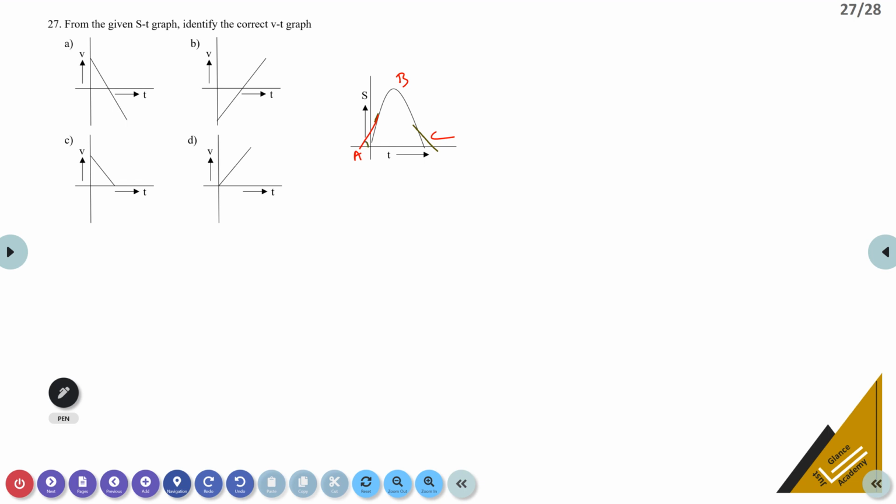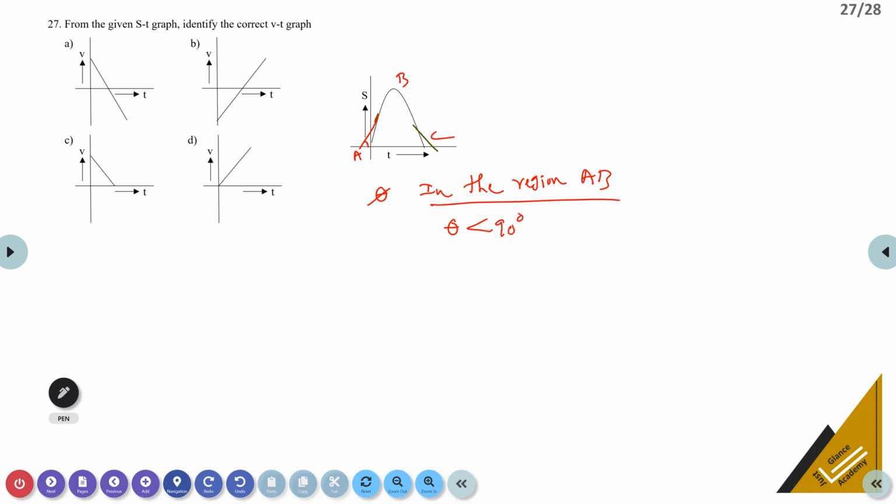In this part, you see this angle theta. What will be the value of theta in this case? In the region AB, theta is less than 90 degree.